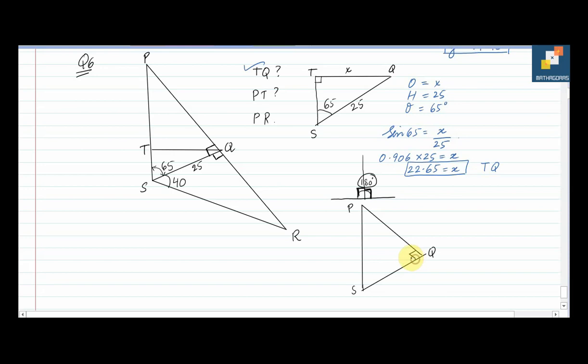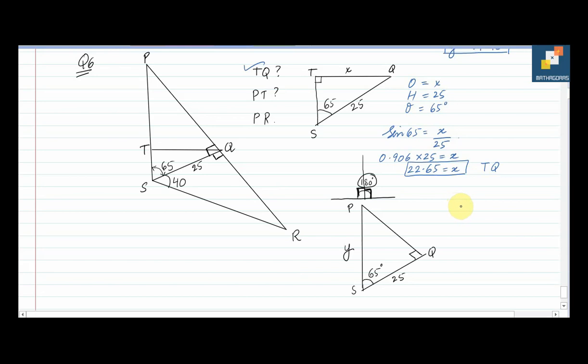So it's a right angle triangle. This angle is 65, this side is 25, and we need to find the value of PT. For PT, first we need to find the value of PS. So let's call this value Y. Can you find the value of Y? Try it by yourself, it's quite easy.